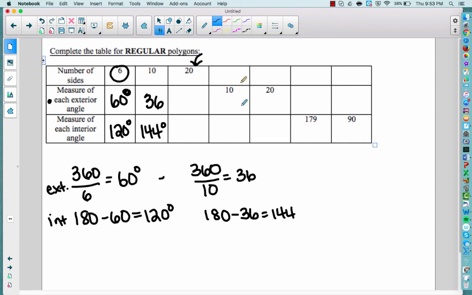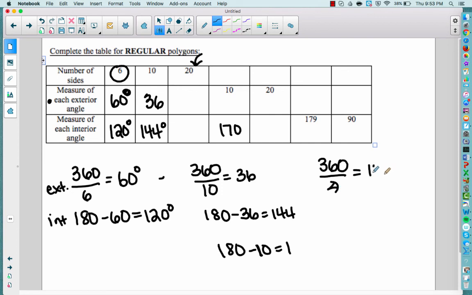All right. Working backwards. Now I have each exterior angle. I want to find the number of sides. Well, first I'm going to find each interior angle. So I know they're linear pairs. So I'm going to do 180 minus 10, which gives me 170. Okay, so to find the number of sides, you do 360 divided by the angle.